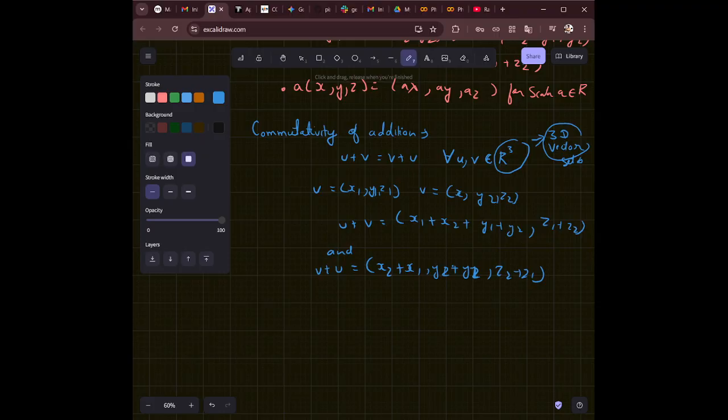Similarly, associativity of addition would also be the same.